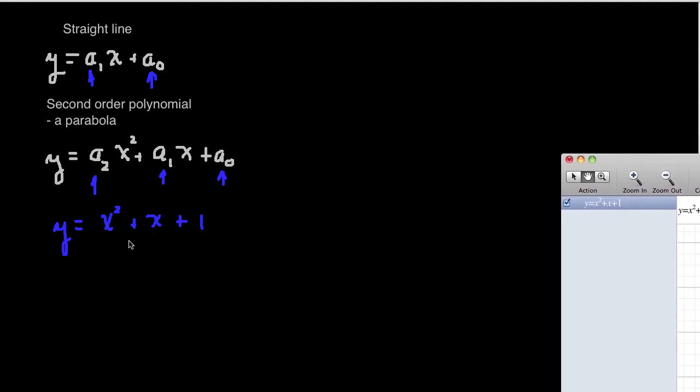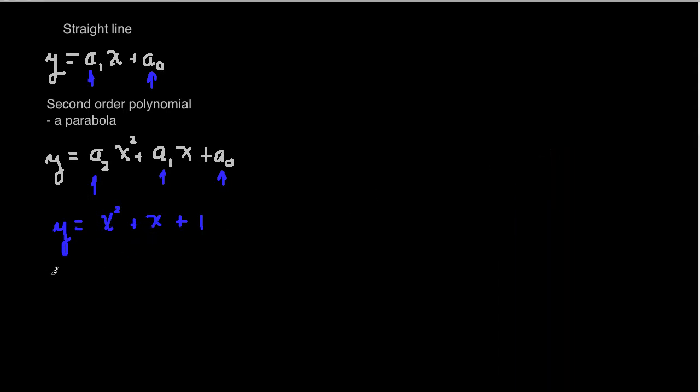So if we're looking at something like p sub 2 of z, a second order polynomial of z, equals z squared plus z plus 1, this polynomial will have 2 roots, but the roots may be complex valued. Again, recall I said that any polynomial where the highest order is odd will have at least 1 real root, but we are not guaranteed that we will have any real roots if the highest order is even.